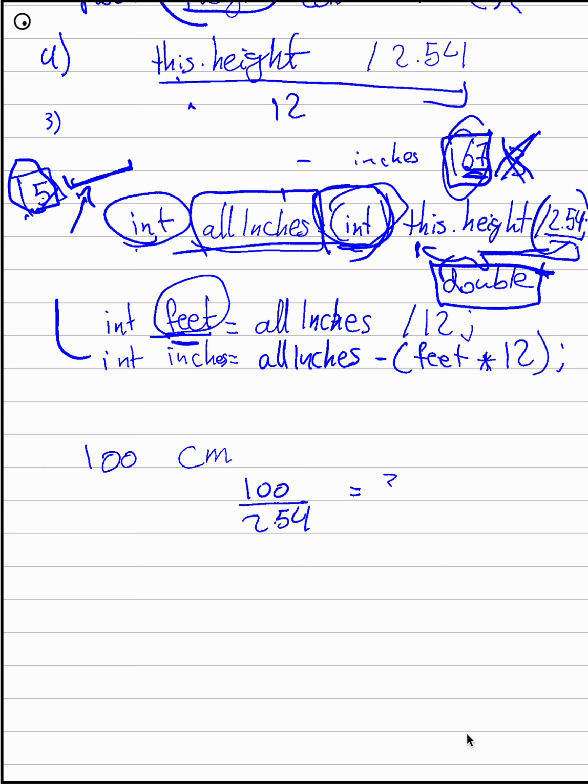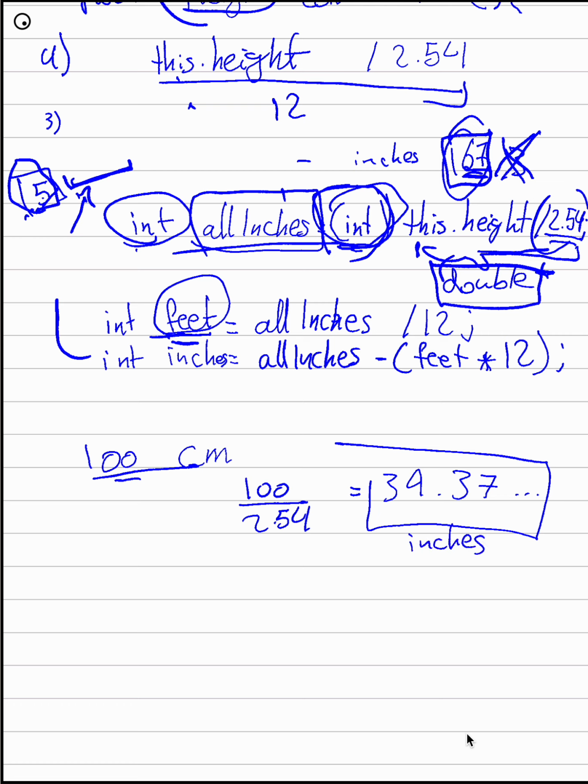It's going to be 39.37 whatever. Okay? This is the feet. This is the inch. Oh, it shouldn't be divided. Yeah, it is. If you are 100 centimeters, you are 39 inches.